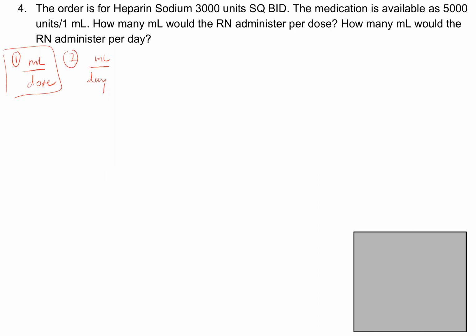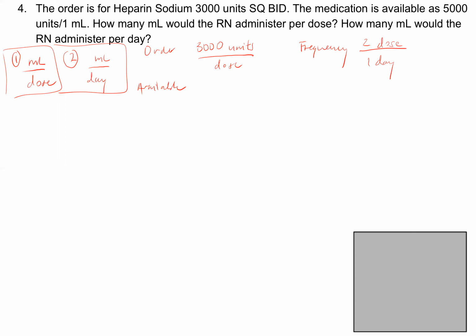And remember to write down your order, your availability, and your frequency. So your order is for 3,000 units per dose. Your frequency is going to be 2 doses per 1 day, or BID.